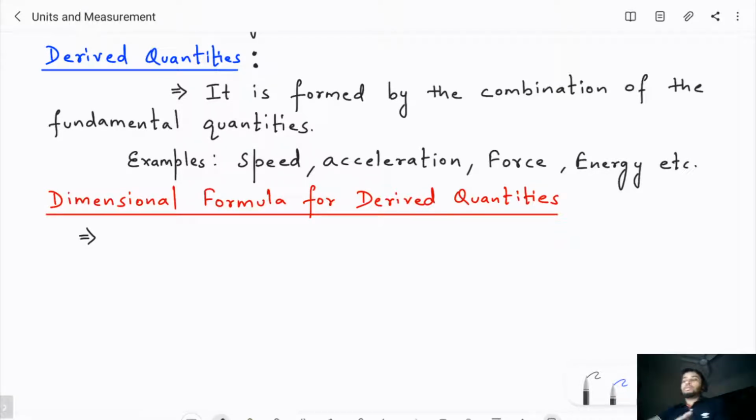So dimensional formula for a derived quantity is basically the representation of the derived quantity as the power of dimensions of the base quantities. That is kind of the definition for your dimensional formula.